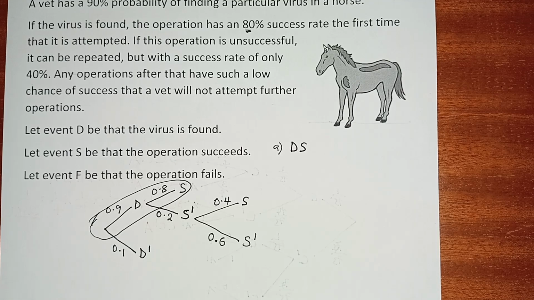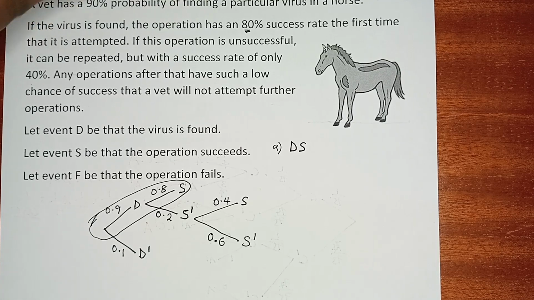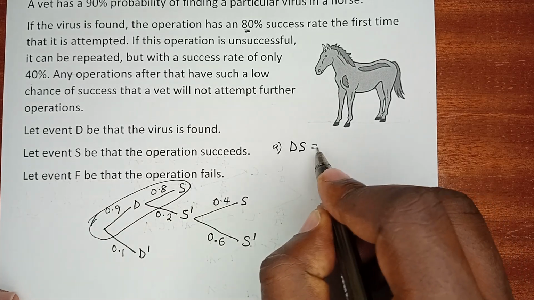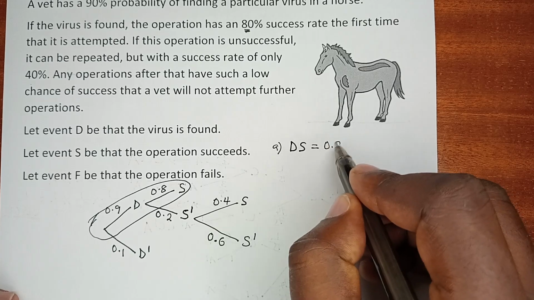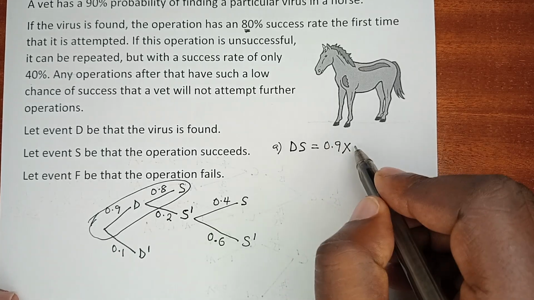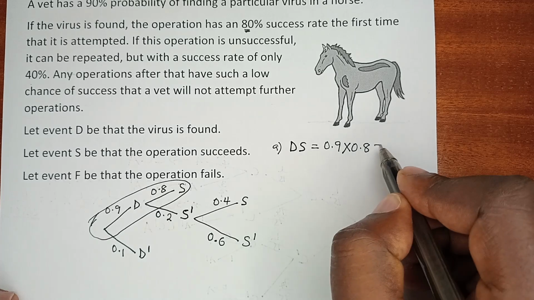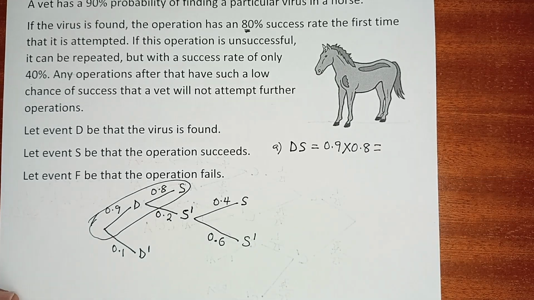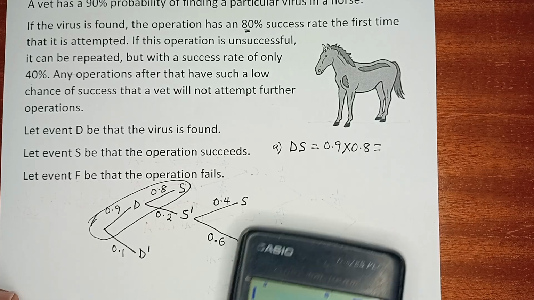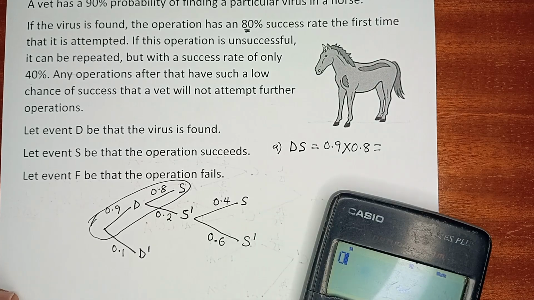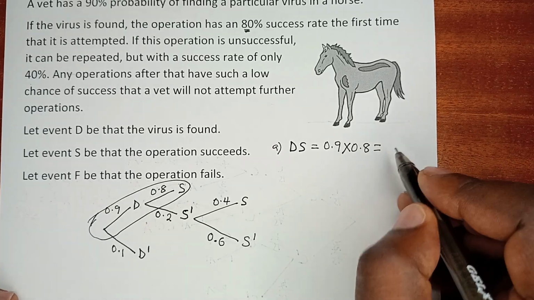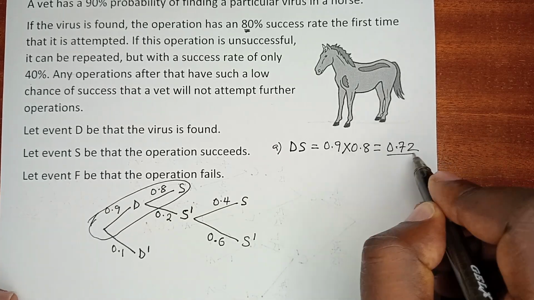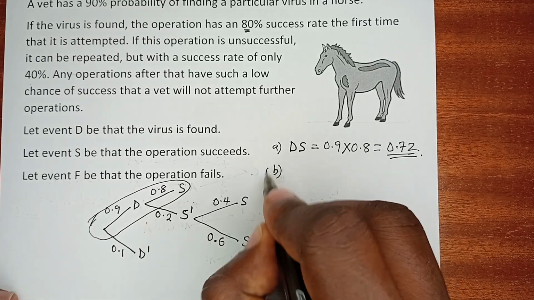We have to detect the virus and operate successively. The probability of detecting the virus is 0.9 and operating successively 0.8. So this is 0.9 times 0.8, and you get 0.72. That is the answer to part A of the question.